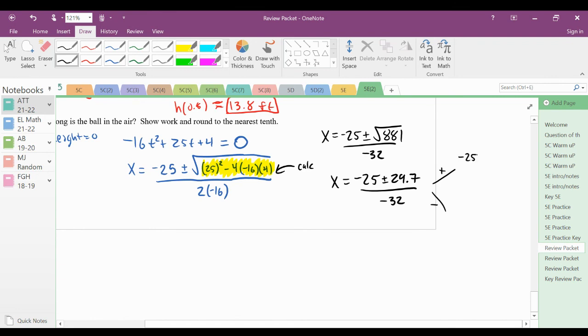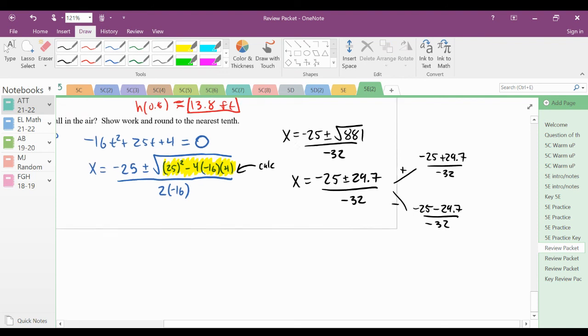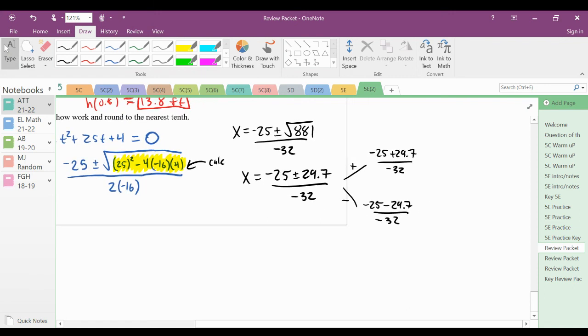So I'm going to do negative 25 plus 29.7, divided by negative 32, and negative 25 minus 29.7, divided by negative 32. Each of these, I'm going to enter that numerator before I hit the divided by. So I'm going to do negative 25 plus 29.7.